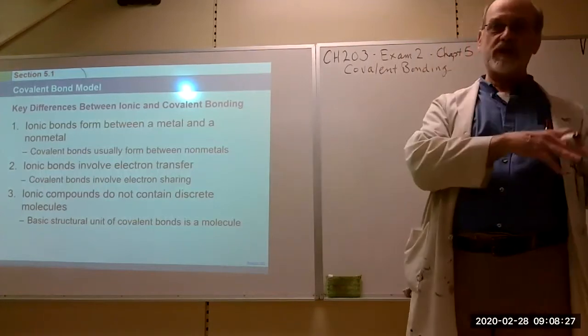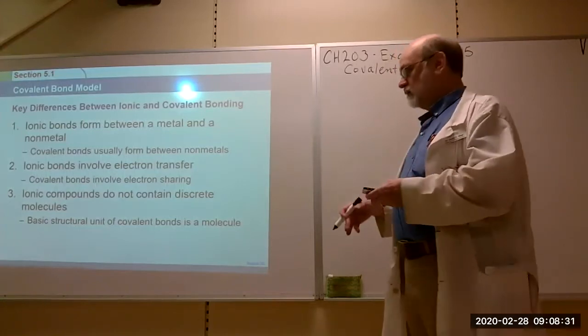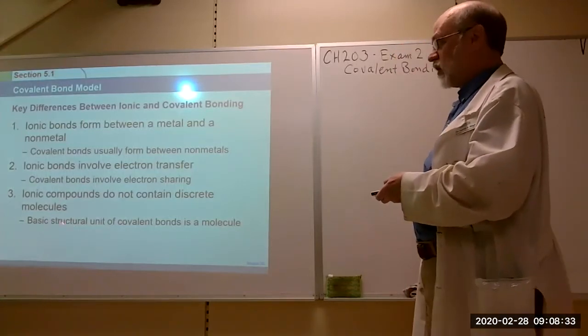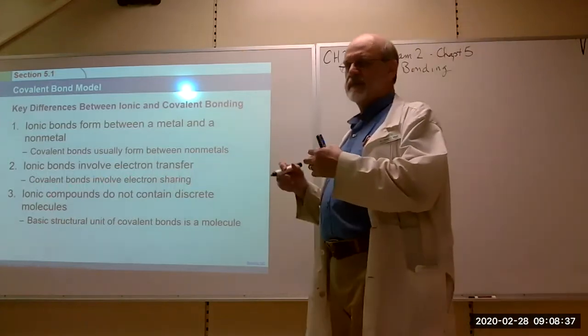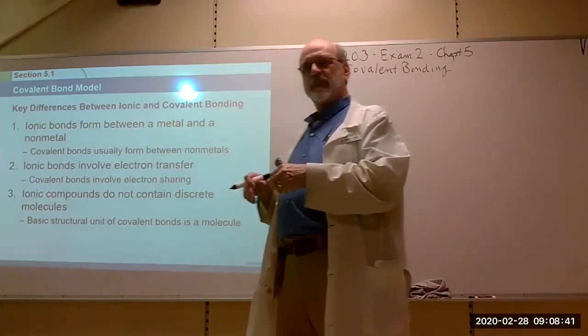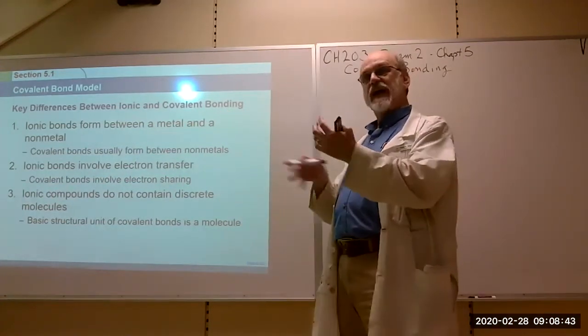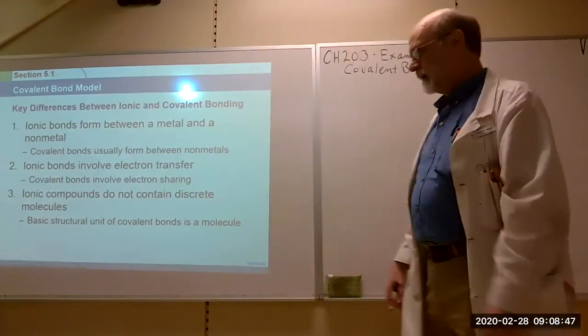You've got more protons than electrons, you get a positive charge. Whereas with covalent bonds, the electrons might spend a little more time on one side of the bond than another, but they never completely reside around the other atom.